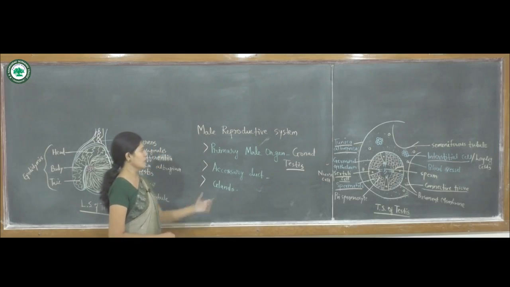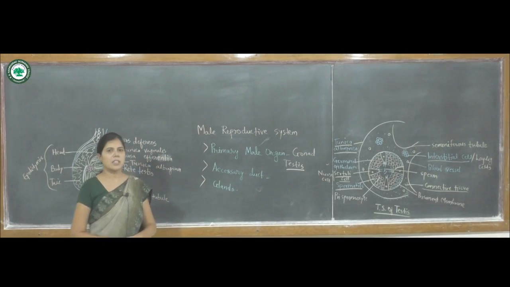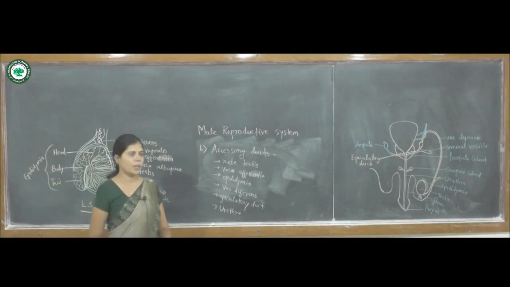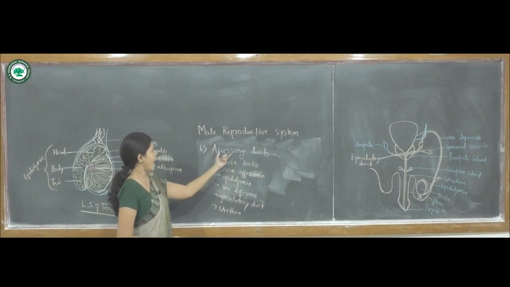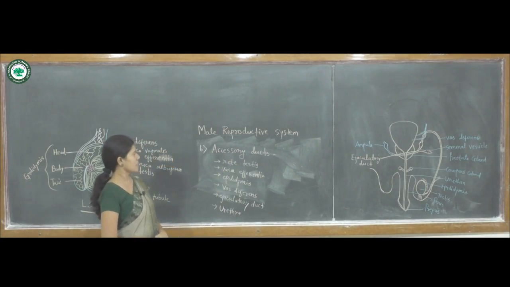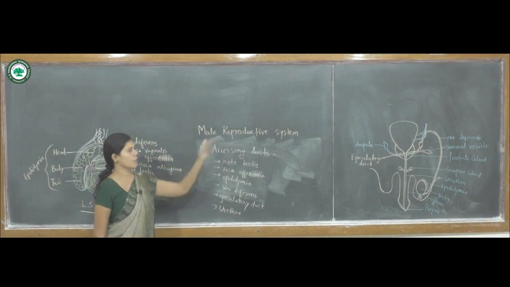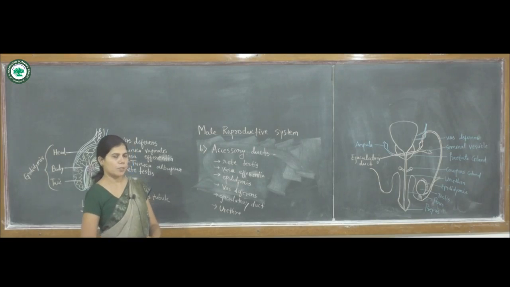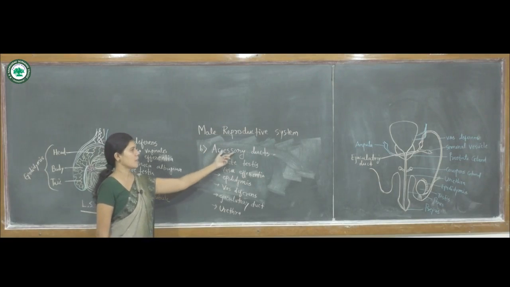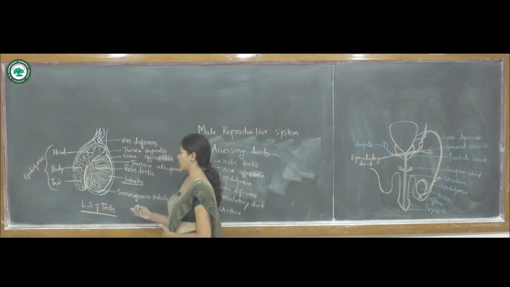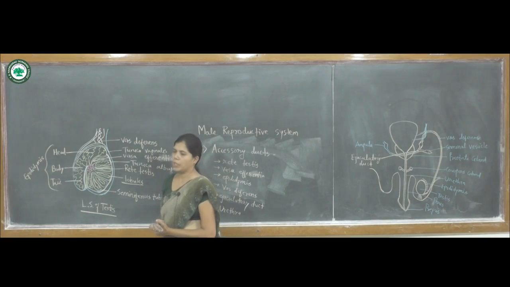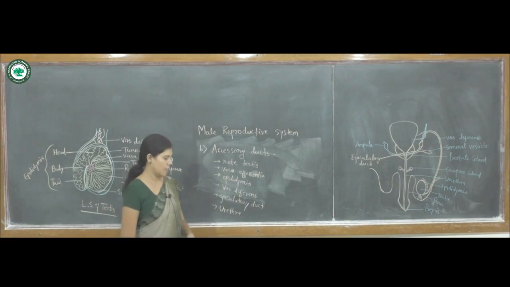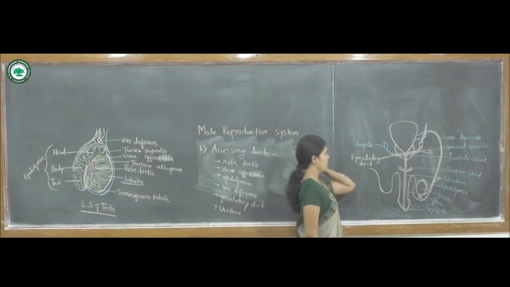Now we move on to the second part, the accessory ducts. These are the ducts included in the human male reproductive system. Before we start the accessory ducts, we discussed the TS of testis, the gland or gonad of the male reproductive system.